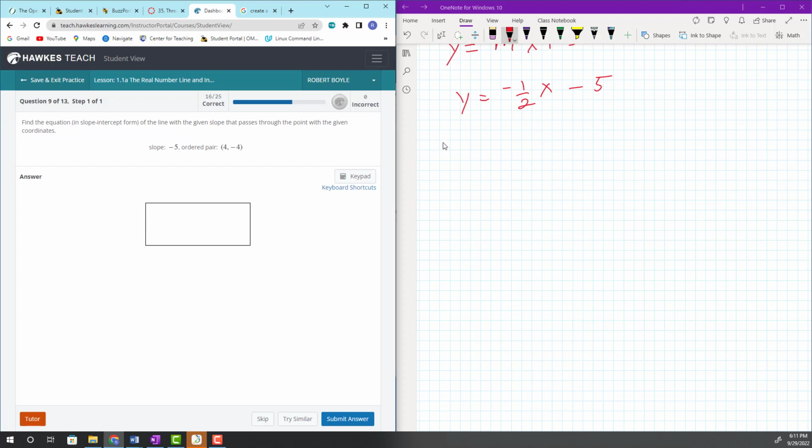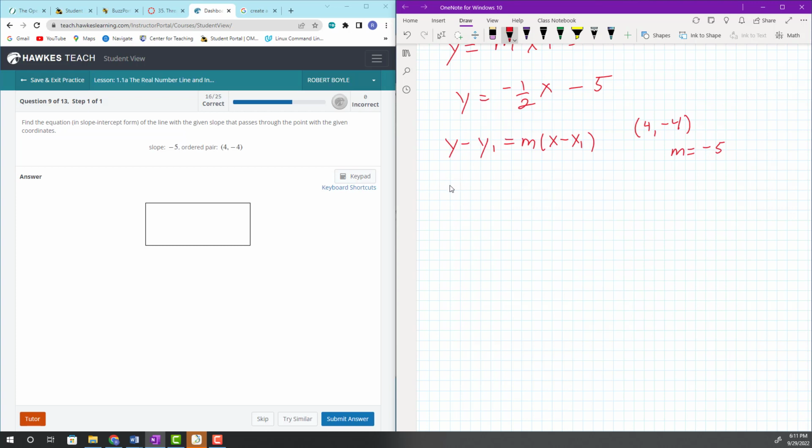So the point-slope form is y minus y sub 1, and yes, I will have a formula sheet for you, is equal to m times x minus x sub 1. And once again, we have the point 4, -4, and we have that slope is equal to -5. Now, even though you have the formula sheet, you still need to know how to use this formula.